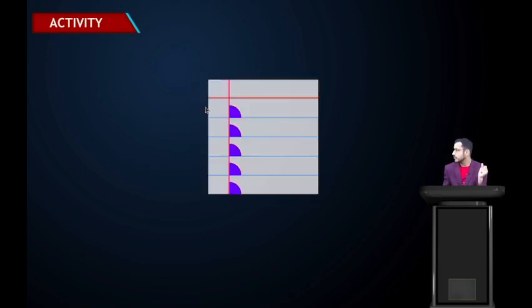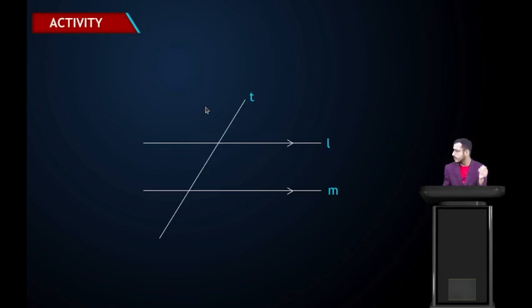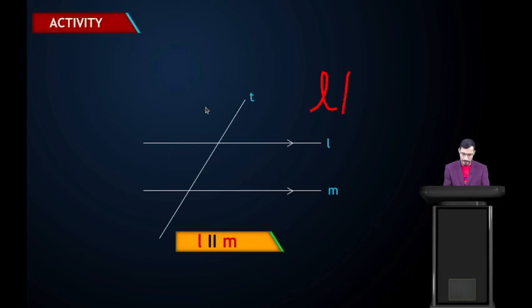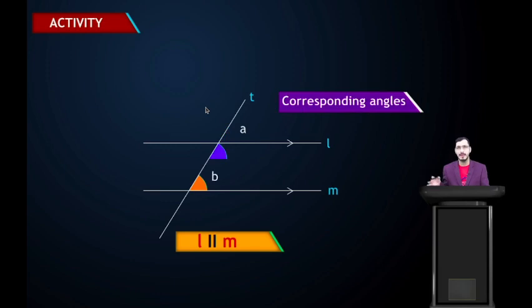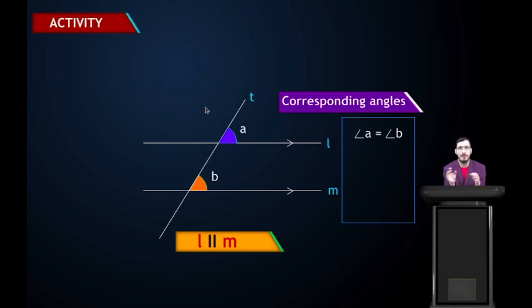You can see two lines L and M, and both lines are parallel here, and transversal line T intersects the lines L and M and forms angle A and angle B. Both are corresponding angles here, and angle A is equal to angle B. Now angle C and angle D are also equal. So angle C equals angle D.